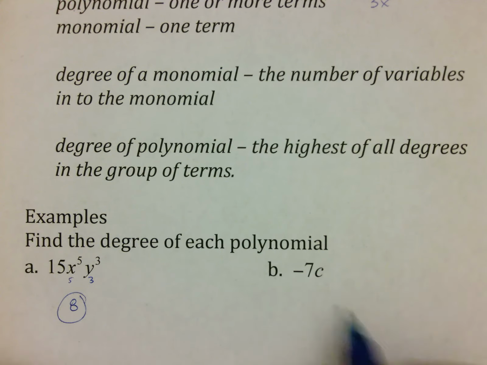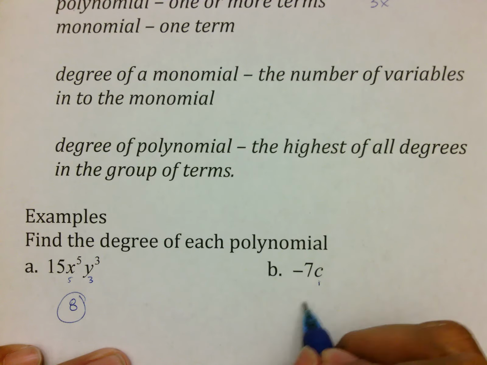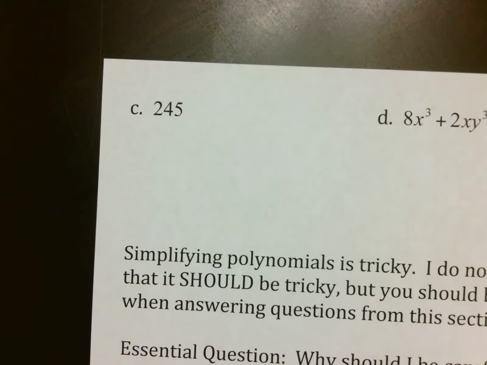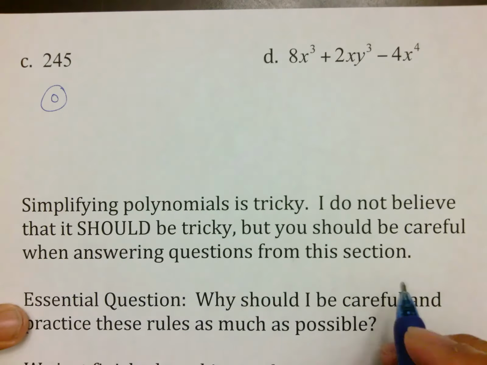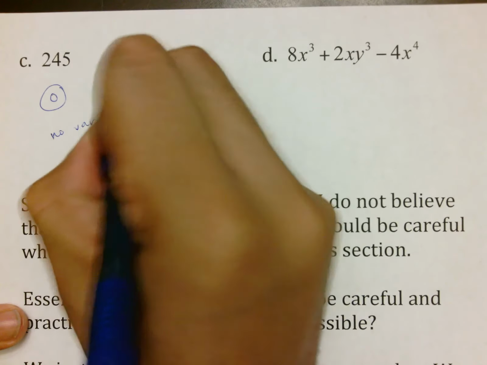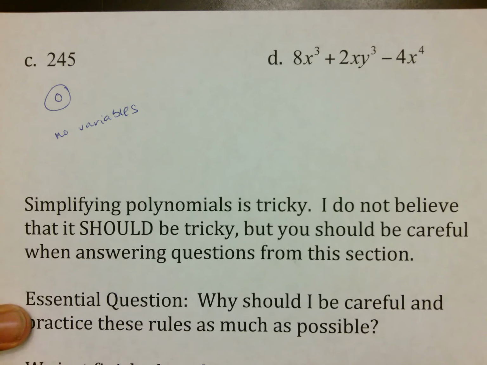This one here, you have 1 c, so the degree here is 1. The next one, looking just at the number 245, if you ask yourself how many variables are attached, there are no variables. That means that this has a degree of 0.